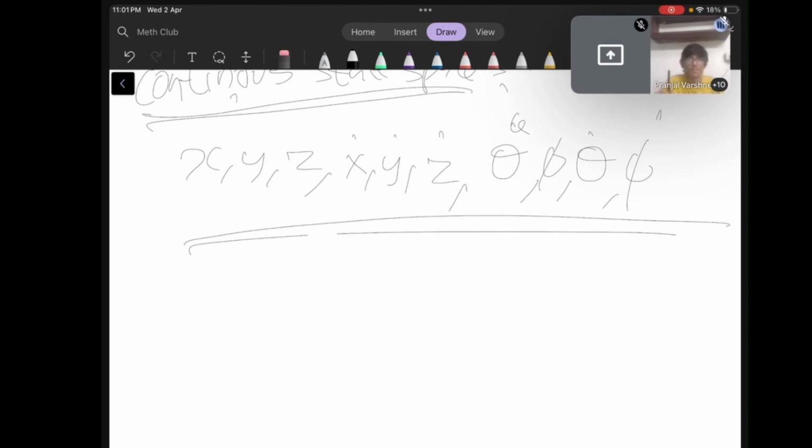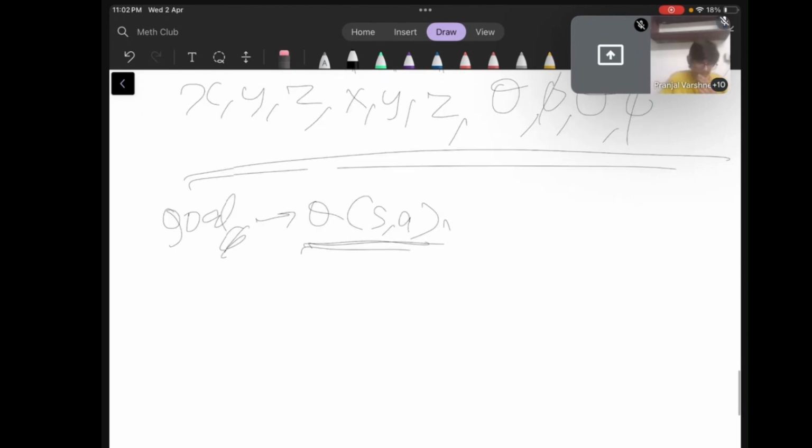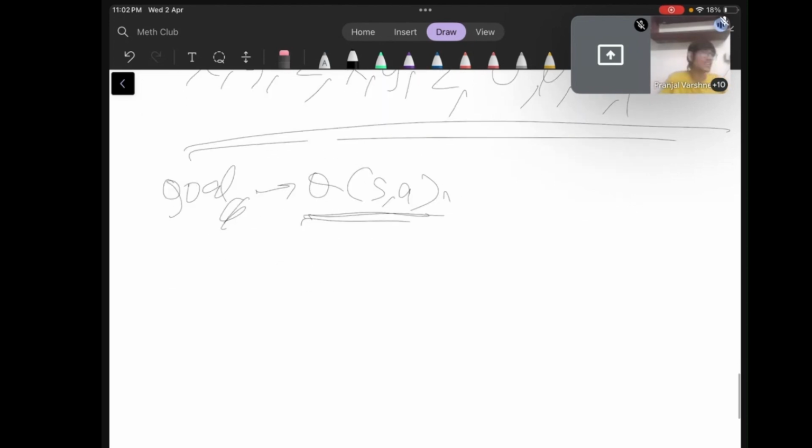So our first step will be to find Q of s comma a, and then take the maximum and find the policy, right? So our goal is to find Q of s comma a for all the states and all actions that correspond to that state. Okay, so we'll deal with the example which I learned, basically the Mars rover example.